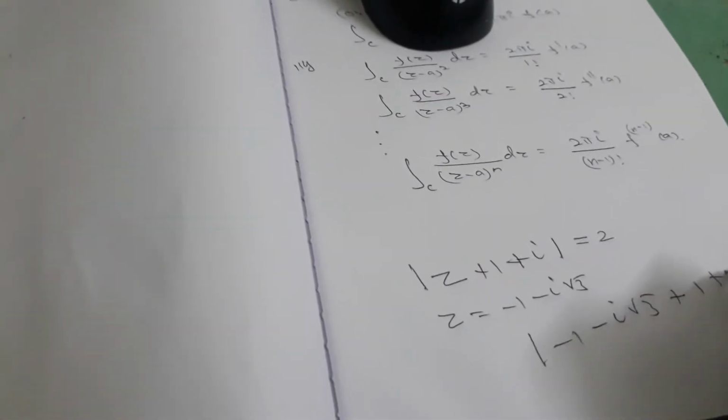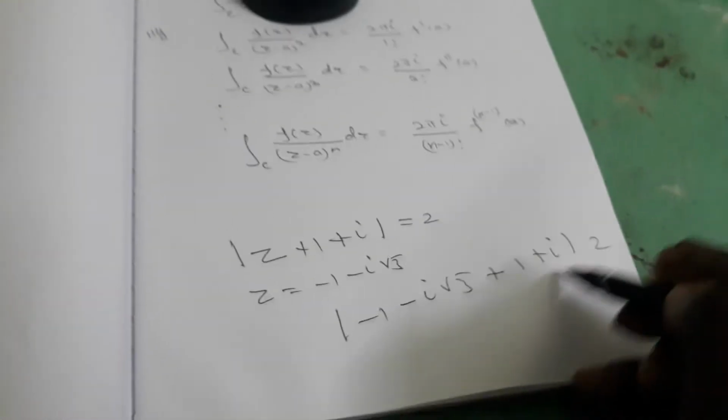So we have modulus of z plus 1 plus i equal to 2. Now I have to verify the point z equal to minus 1 minus i root 3. What do you get? Minus 1 minus i root 3 plus 1 plus i, to compare with 2.